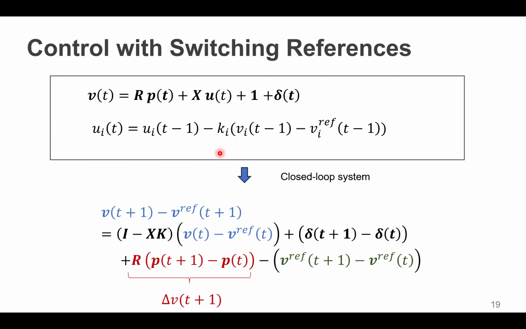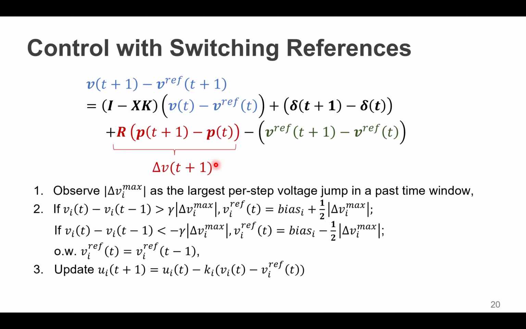Sorry, but my question is how changing that reference by plus or minus a half of the max affects the controller, the convergence of the controller or whatever. I just don't see the connection. Okay, I got the point. So how does that shifting matter? You say it's intuition, but it's not clear theoretically where the theory comes from.